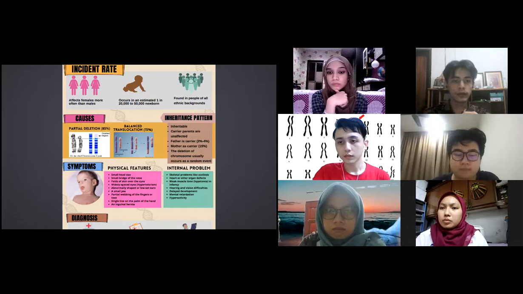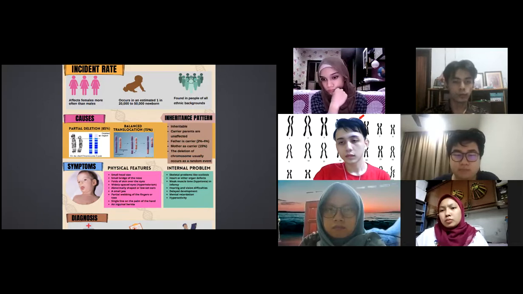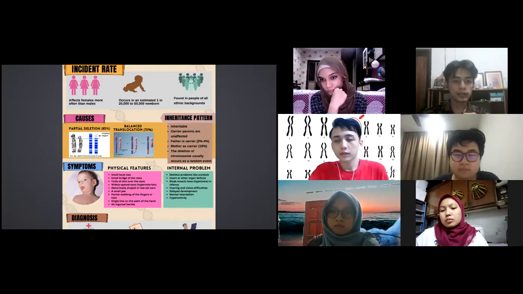If the father is the carrier, it can lead to a 2 to 4% probability that the child will have Creutzfeldt syndrome. This is because when the child inherits the balanced translocation, it can lead to an unstable or abnormal chromosome condition that leads to mutation in their chromosome. If the mother is the carrier for this translocation mutation, it can increase the probability to 15%.